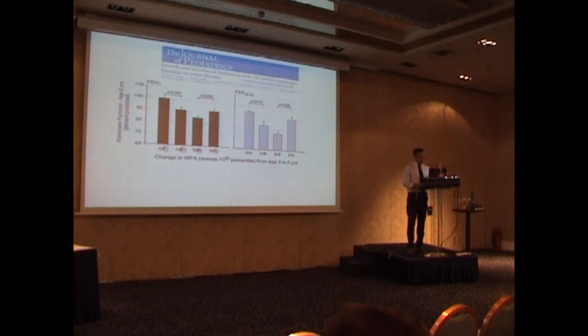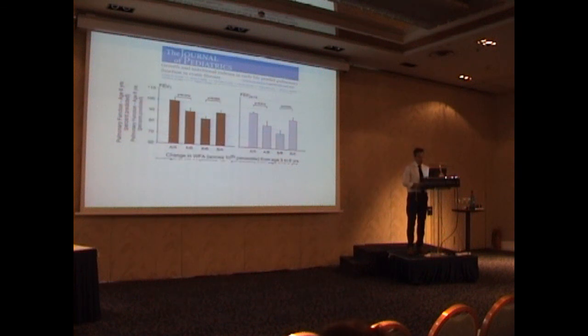So the letter to the left is at age 3, and the letter to the right is age 6. What they showed was that this group, these children, had good nutritional status at age 3 and continued to have good nutritional status at age 6. And their lung function was the best.